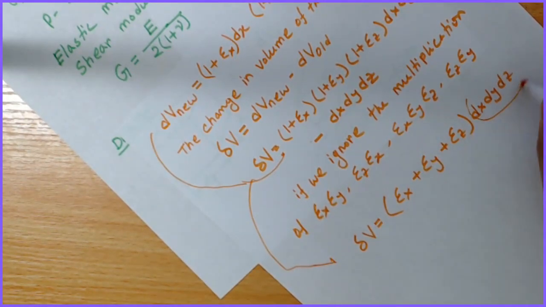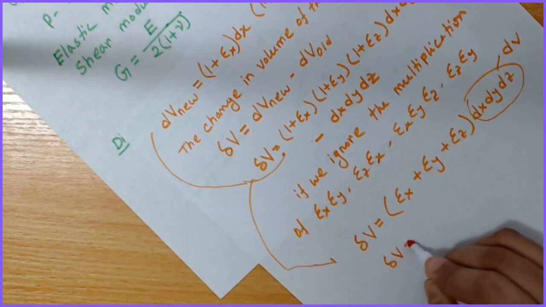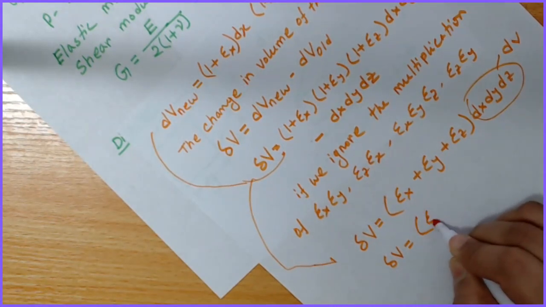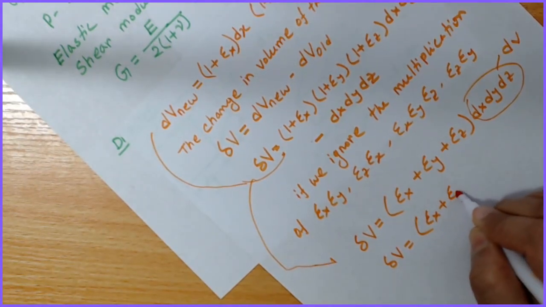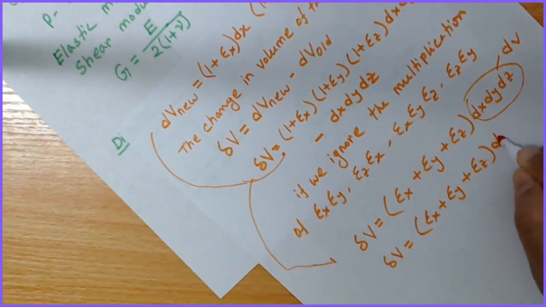Now this term is actually dV. We can write delta V is equal to epsilon x plus epsilon y plus epsilon z times dV.